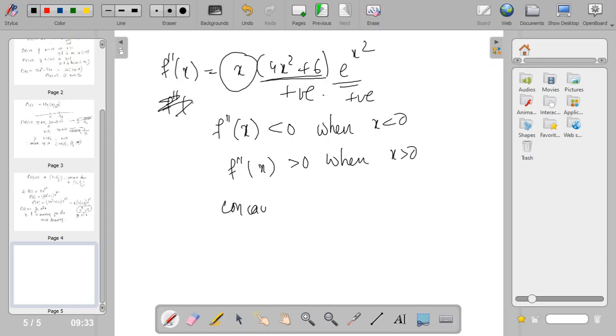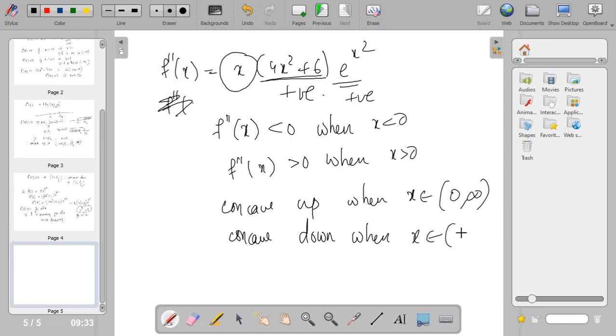So it will be concave up when x belongs to the interval 0 to infinity, and it will be concave down when x belongs to minus infinity to 0, and the concavity changes at x equal to 0. So inflection point will have the x coordinate 0. So that is the required answer.